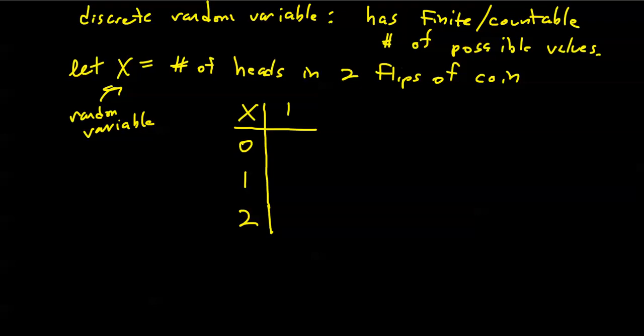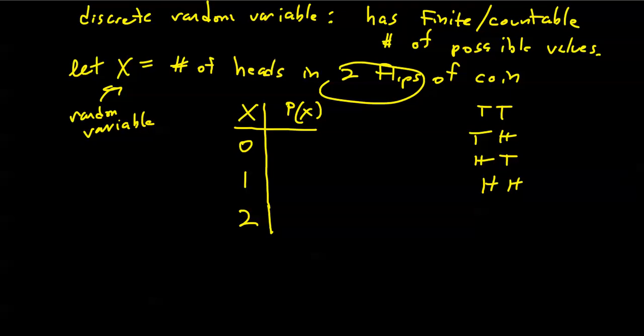Alright, we can assign to each of these possible values of x a probability. Well, we know in two flips of a coin we've got 4 possibilities: tails, tails; tails, heads; heads, tails; and heads, heads. We can then assign probabilities. The probability of 0 heads in two flips is 1 out of 4, or 1/4.